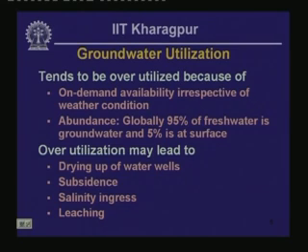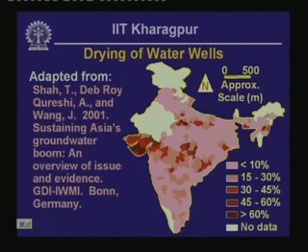We are going to look at all these issues, which are of particular relevance in the context of the Indian scenario. So the first aspect that we are going to consider here is drying up of water wells.